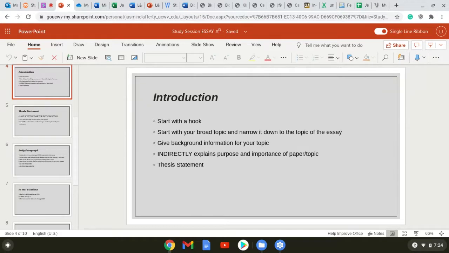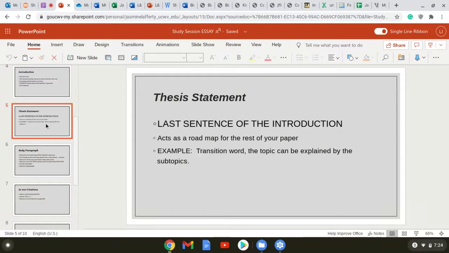Every good research paper has a purpose statement, but please do not write, "The purpose of this paper is to inform the reader about climate change on sea turtles." Please don't do that. Indirectly state it, okay? And then your introduction will end with your thesis statement, which is right here.